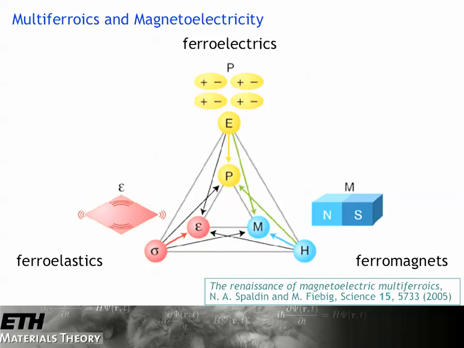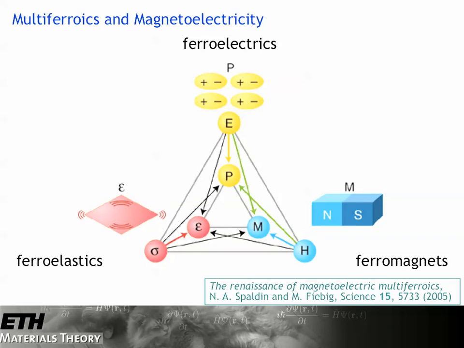And such magnetoelectric materials are a subset of a larger umbrella class of materials that are perhaps a little more well known, which are called multiferroic materials. So the picture we just looked at is this side of the triangle here. A multiferroic is defined to be a material that exhibits two or more coexisting primary ferroic orderings.